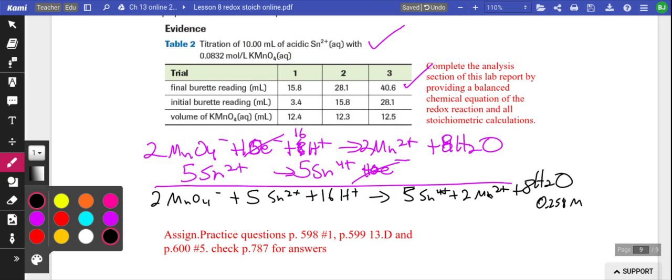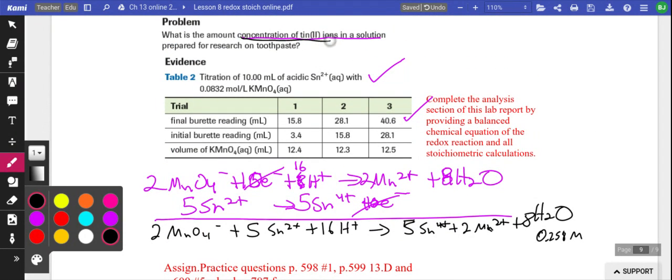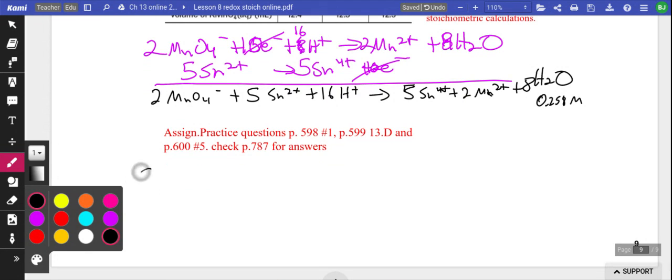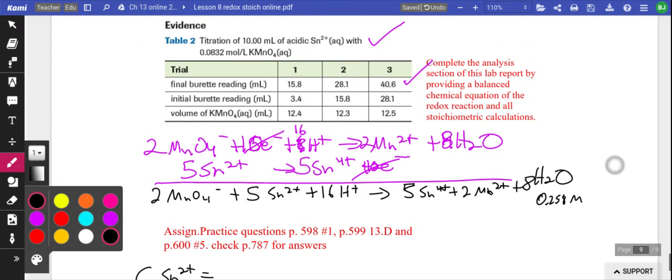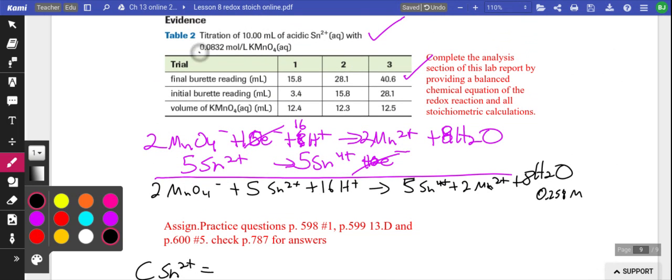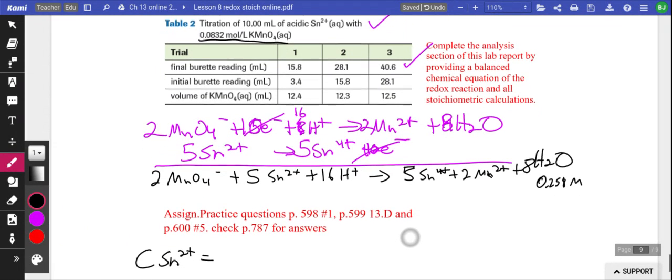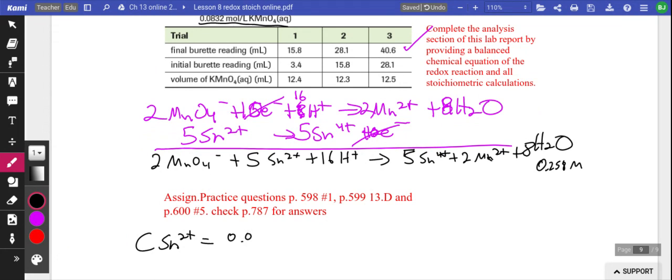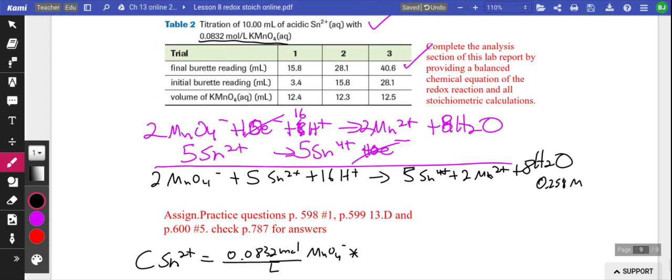Now to do the stoich, we are looking for concentration of tin 2 plus. So we have a known concentration of permanganate, 0.0832 moles per liter of permanganate times its volume, and average volume of those is 12.4 mil.